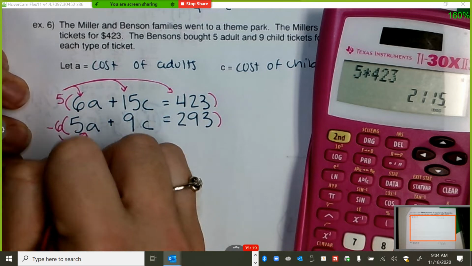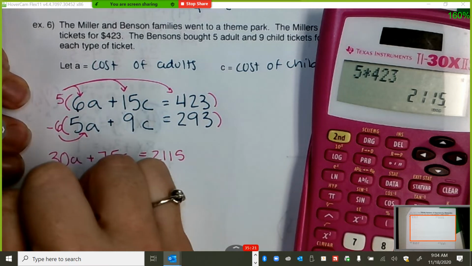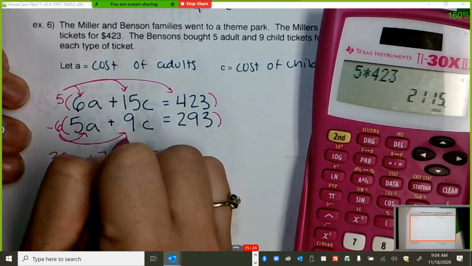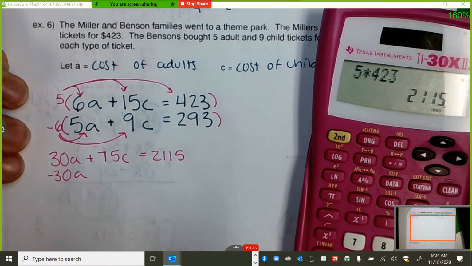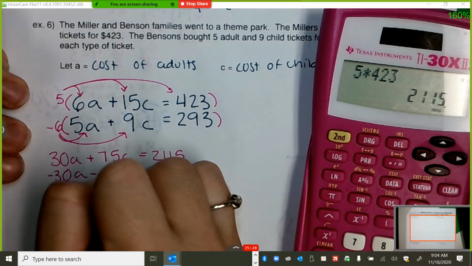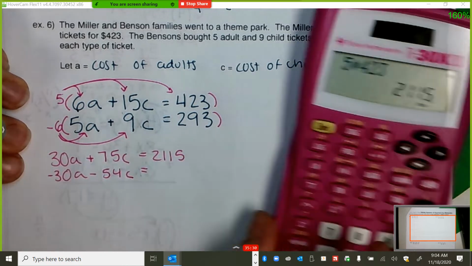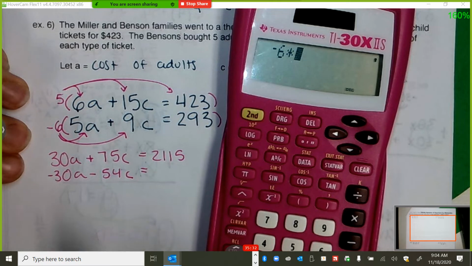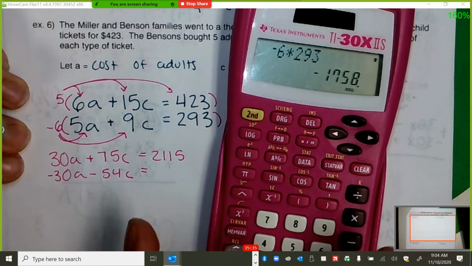Negative 6 times 5A is negative 30A. Negative 6 times 9C is negative 54C. And negative 6 times 293 is negative 1758.